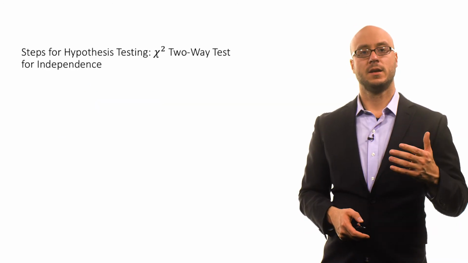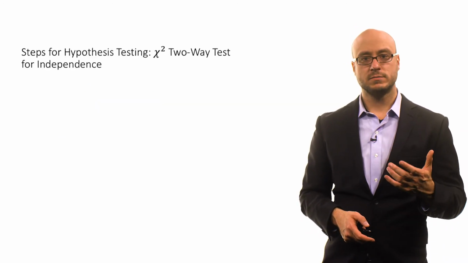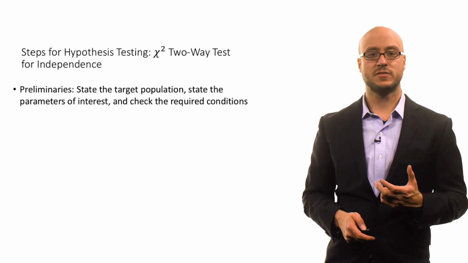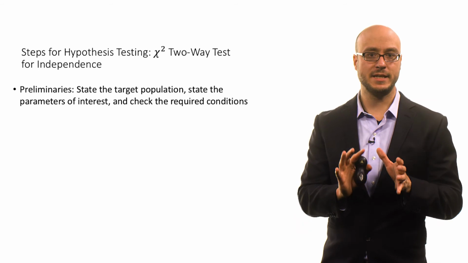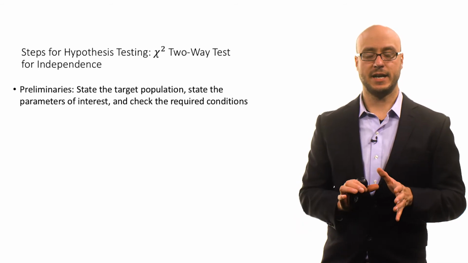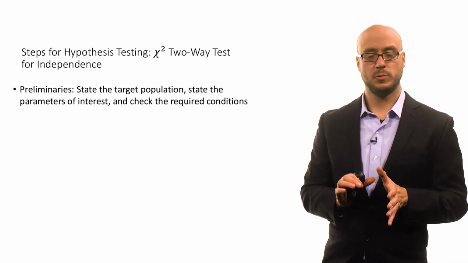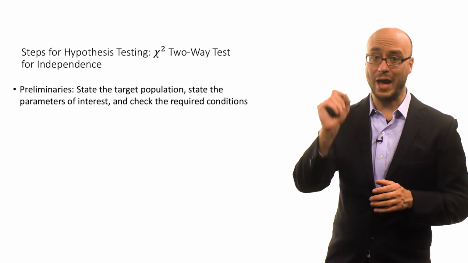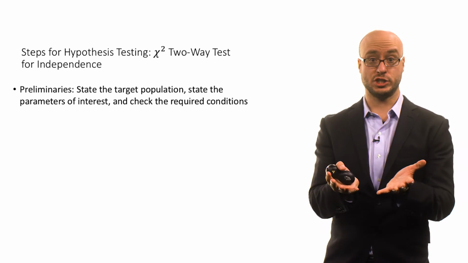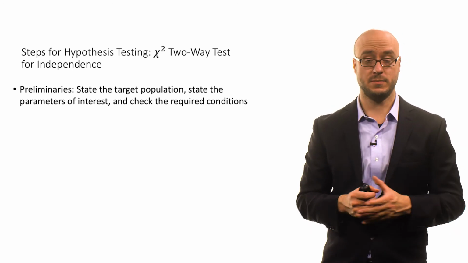The other major chi-square test is the chi-square two-way test for independence. It's slightly different. It's used when we have a random sample of data and two categorical variables, and we want to see whether these are independent or dependent in the population. Again, if you had a population of data, you could just look at the contingency table and see if they're independent or dependent.